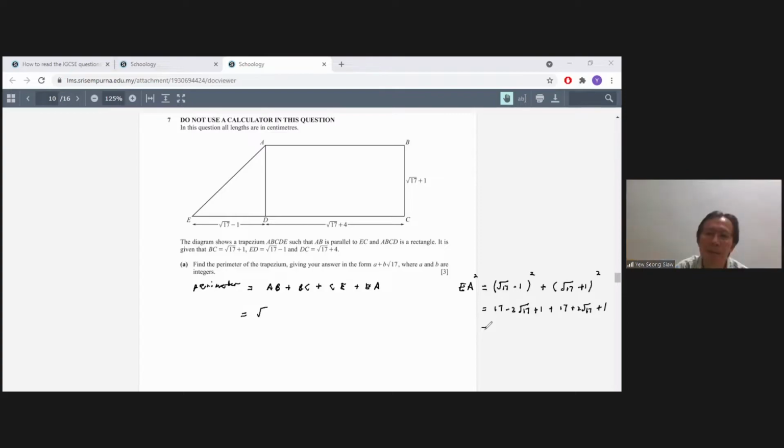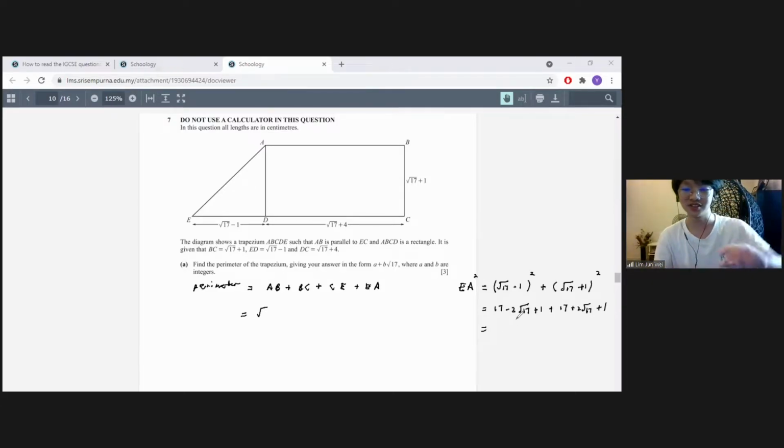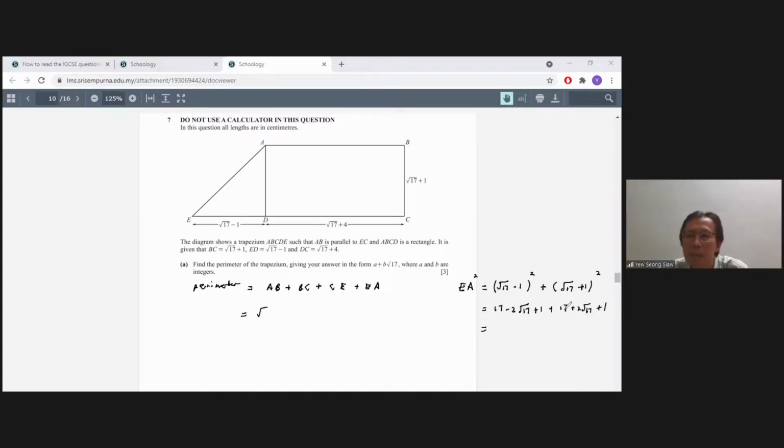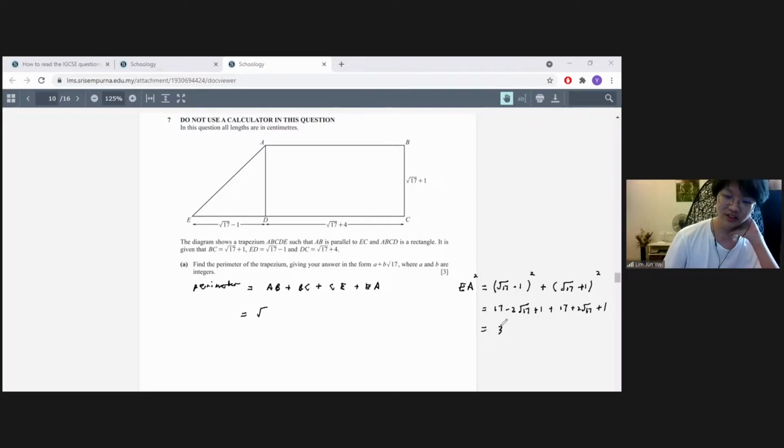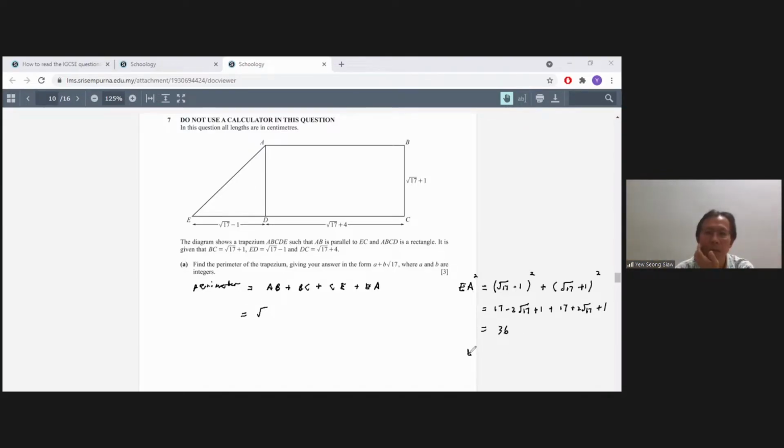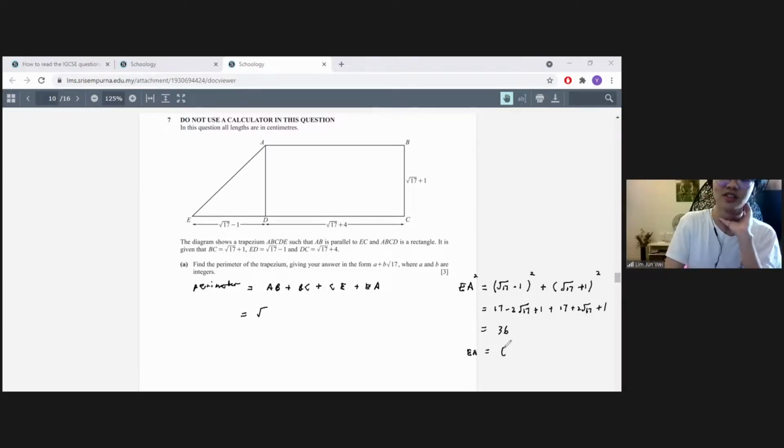Yes. Simplify. The third cancel, no more. So the number 34. 17, 17, 34, 1 and 1, 36. Square root 6. Okay. So EA equals 6.